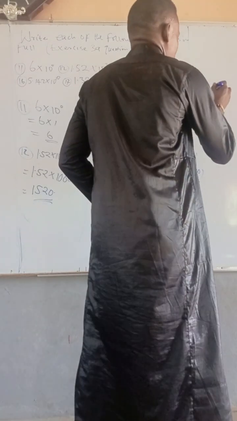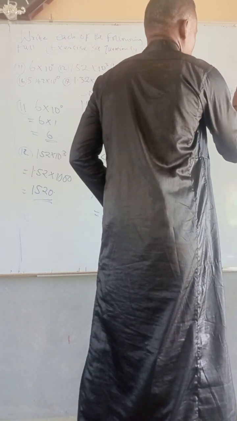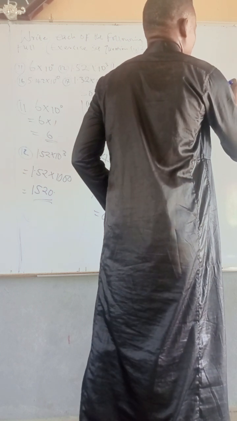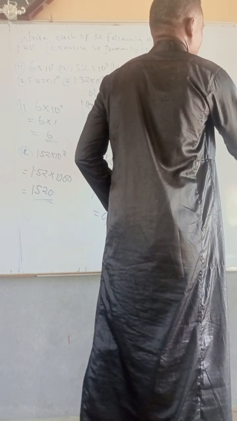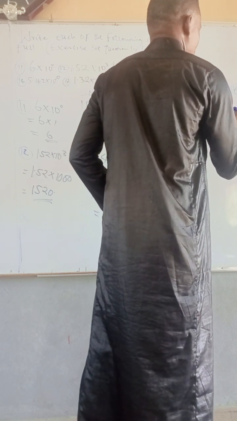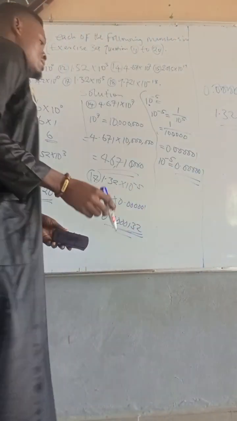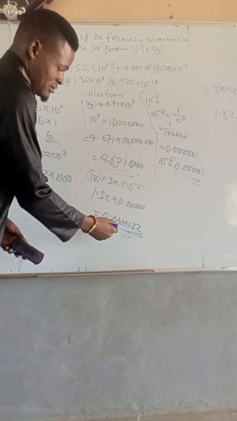Let's try that. 0.00000132. We are moving to the right. This 1, 2, 3, 4, 5. So it will be 1.32 times 10 to the power of minus 5. So this is our final answer.